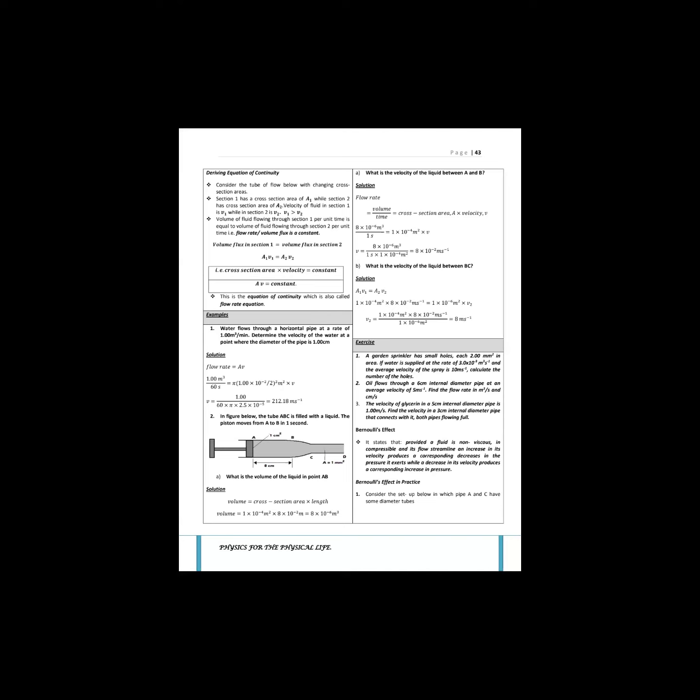The formula is very easy. Flow rate is equal to cross-sectional area times velocity. But the answer you get depends on how you organize your work.